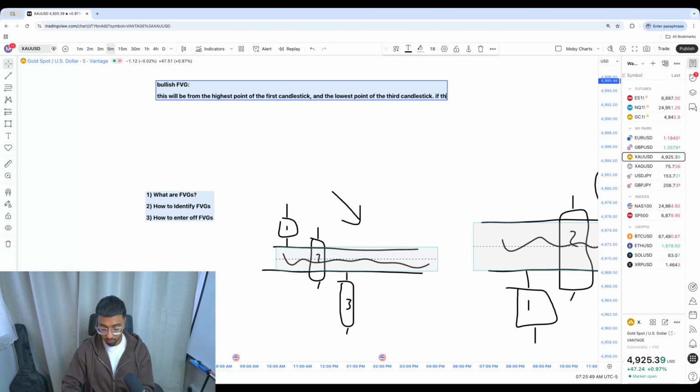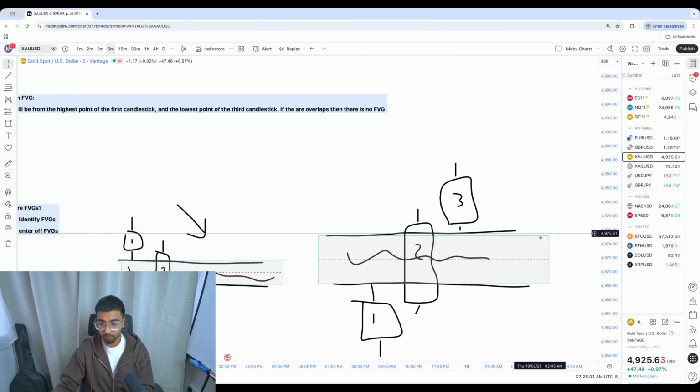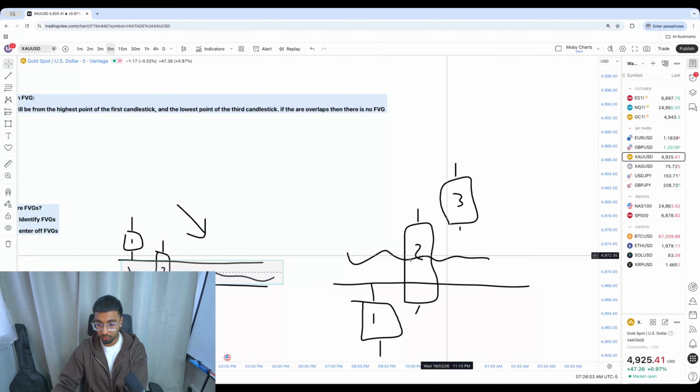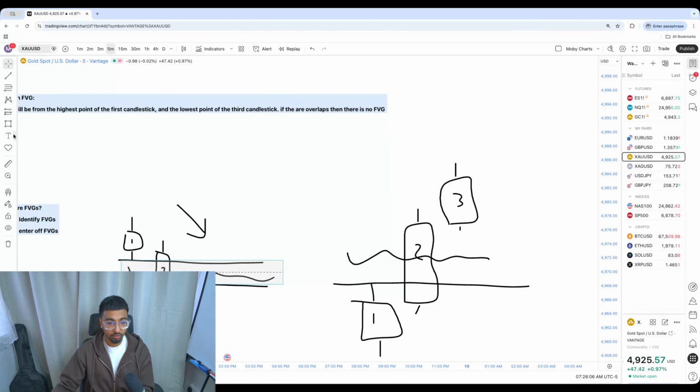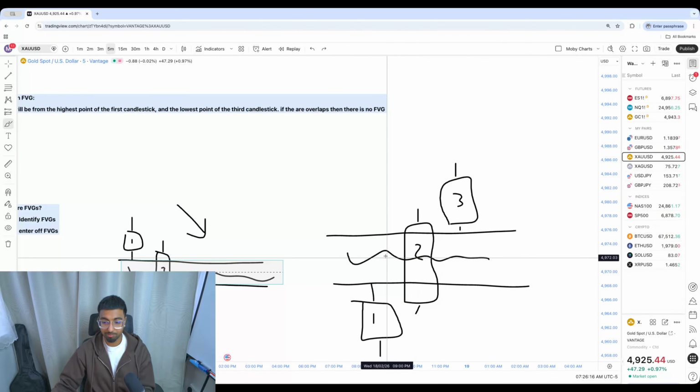If the areas overlap, then there is no FVG. That was basically when I said that if the line covers it up, the line covers this up. Let's say, for example, right here, if this wick was as big as here, and obviously the low is lower than that, there is no void. Therefore, we have to cancel out that fair value gap.